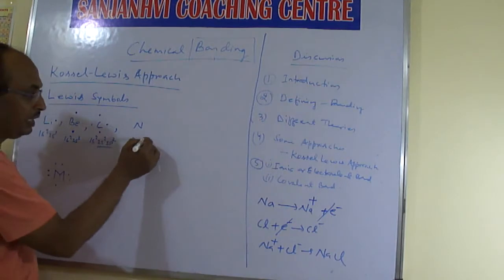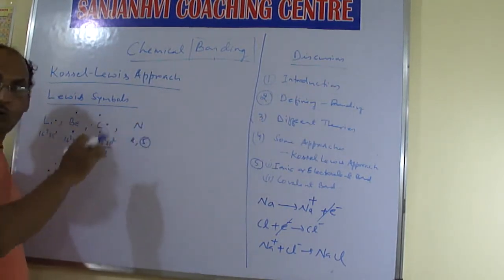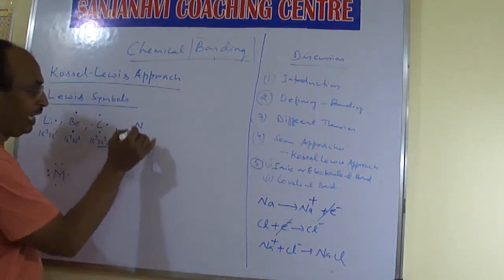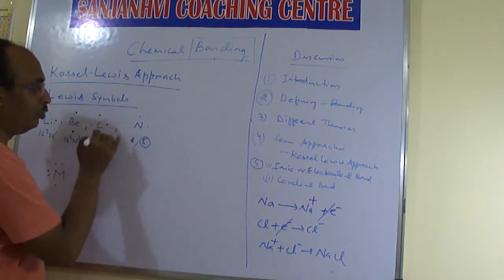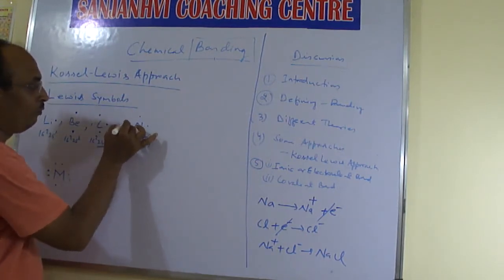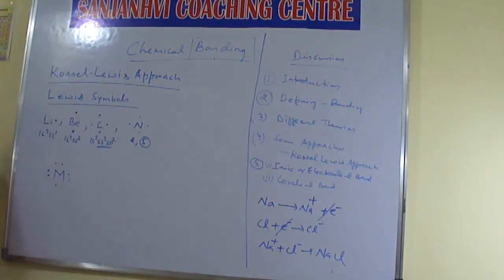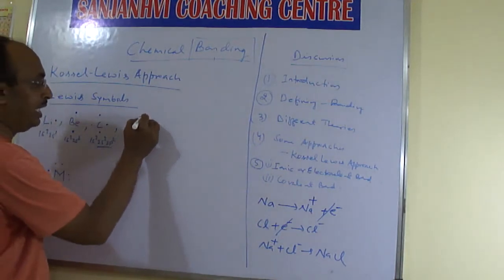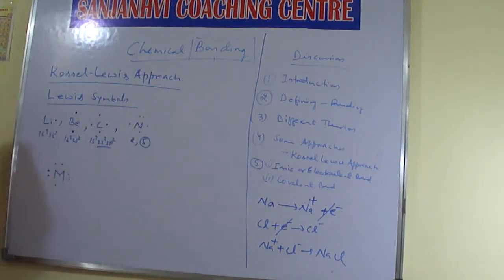So 5 is the valence shell electron count in nitrogen. First we write 1, 1, 1, 1, then one more is left. That one more you can place with anyone.